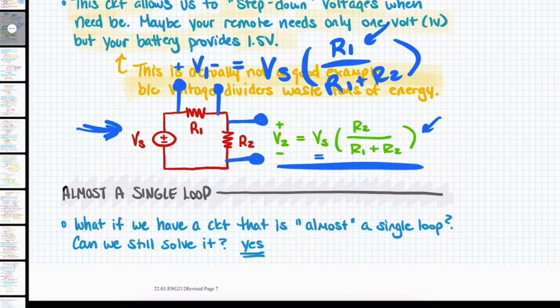Now the other thing here is that the polarity of V1 should mirror the polarity of Vs. As you can see here, the polarity here is plus minus. That means that the corresponding polarity over here needs to be plus minus as well. As we get further into this material, I'm not going to pull out KVL or KCL each time to justify how these polarities are defined.